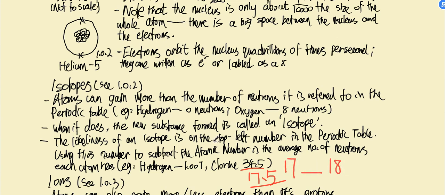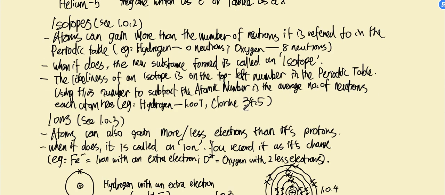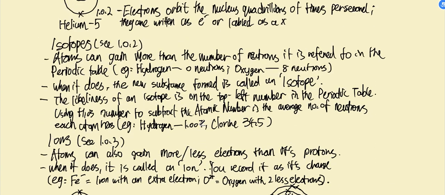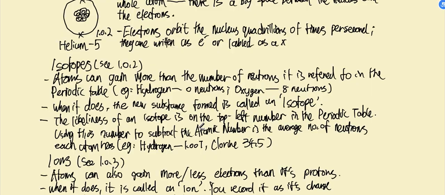So the probability of 17 neutrons is equal to the probability of it having 18 neutrons. Chlorine is one of the only elements that have this, and both isotopes are equally commonly found in nature, and they are both very stable. So, these are the key facts about isotopes.